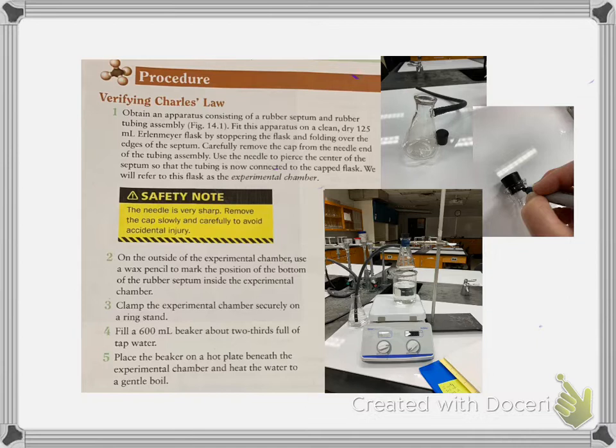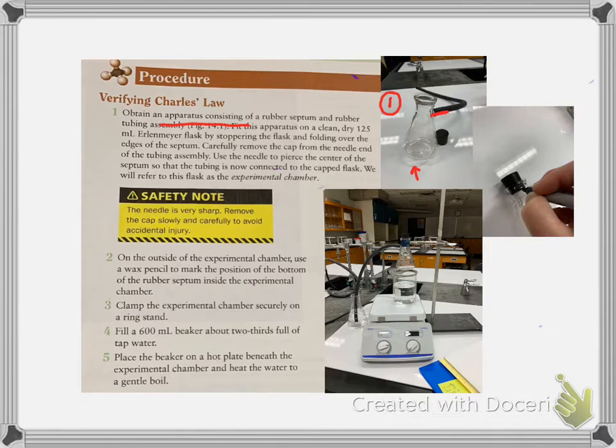What we're going to do is get what they call an apparatus. If you read through this, they talk about a needle and a septum. Well, the college wouldn't let us use needles, so we had to modify our system a little bit. So this is a picture right here. I'll label this number 1. This is our apparatus. It has a flask, and then it has an arm that goes to tubing.